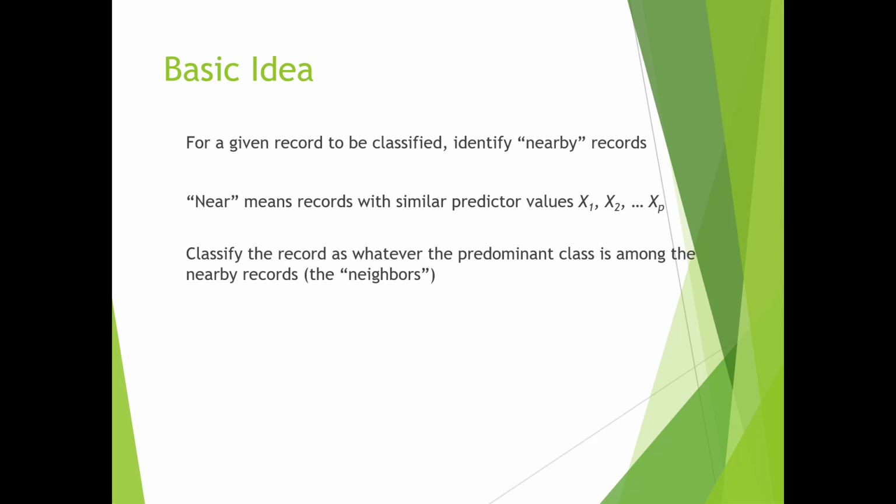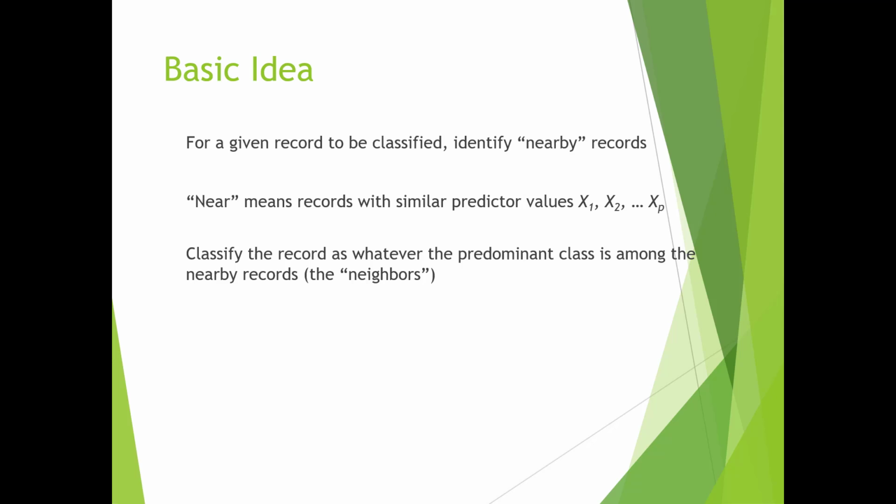So we need to define what closest means, okay? But assuming that we are able to define closeness, you look at which observations are closest, and then depending upon the actual class of those closest observations, you determine the class for the new observation coming in. Okay, so that's the basic idea.